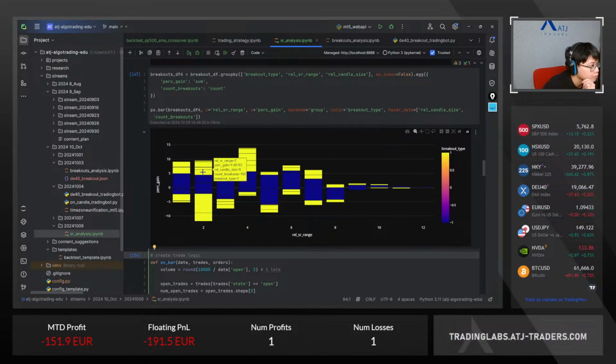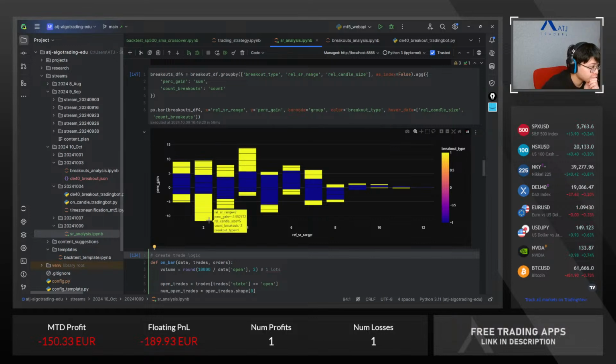We have 108 breakouts. And then we have candle size 5. So it almost looks like we had some news event or a flash crash, whatever it is. Also, maybe if you use stop losses, we could mitigate the losses theoretically.